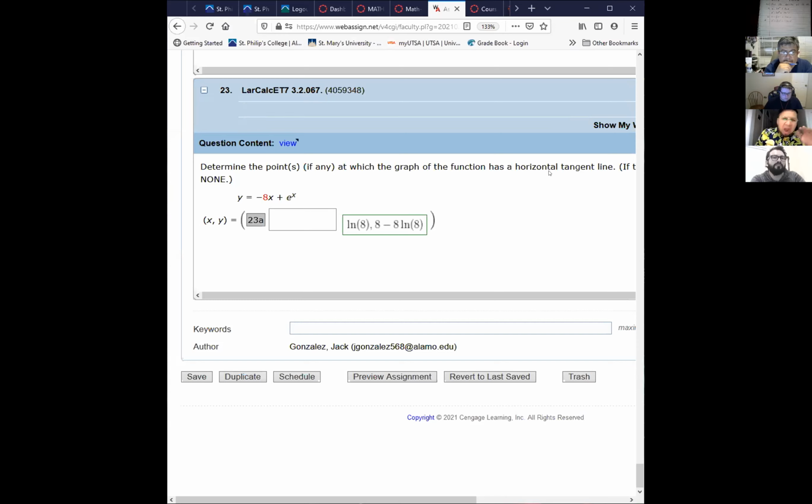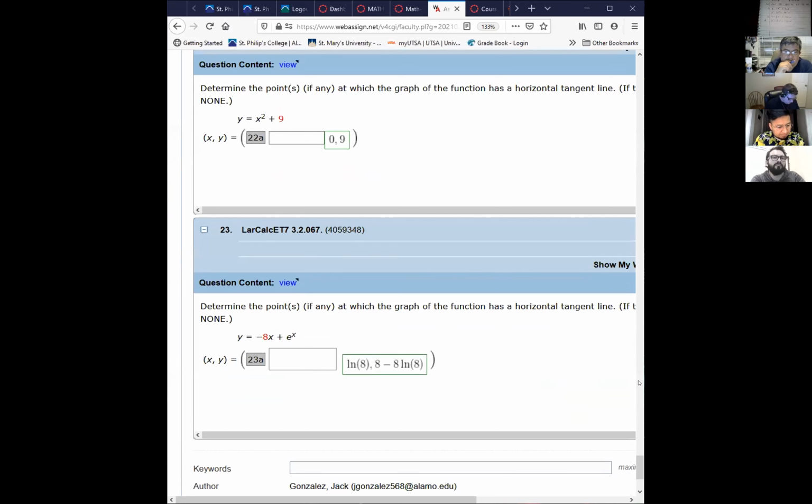So horizontal tangent implies that the slope is 0. The question is really saying, determine the points where this function has a derivative equal to 0. So you have to take the derivative of this function, set it equal to 0, and solve for x. That's what you have to do. Oh, okay. And there's nothing else to it. Number 11.